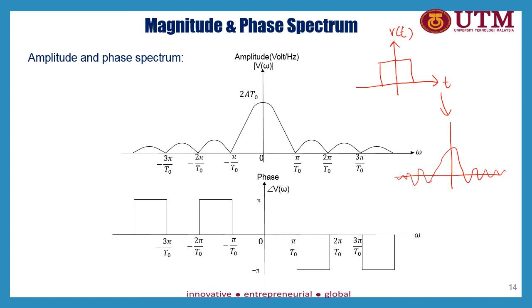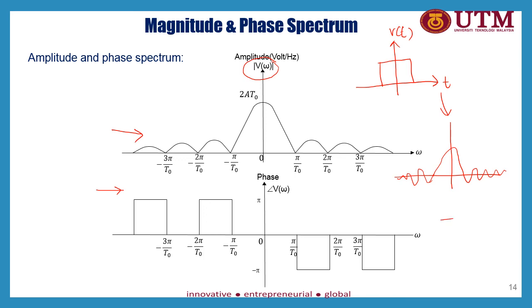Okay, but in this case, if you notice, this is the magnitude, so all negative amplitude will be positive. So the magnitude spectrum can be drawn as this, and this is the phase spectrum. Since the negative amplitude becomes positive, therefore there's a phase shift.